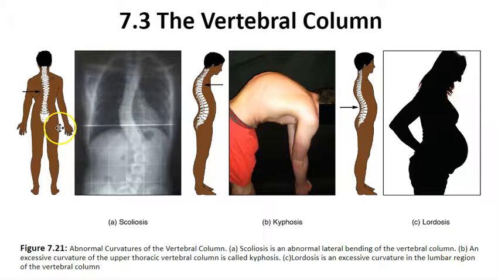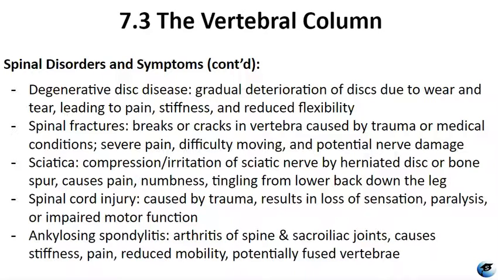Scoliosis, here on the left, is an abnormal lateral bend in the spine. Kyphosis is an excessive curvature of the upper thoracic vertebrae, and lordosis is the excessive curvature in the lumbar vertebrae. Other disorders of the spine include degenerative disc disease, fractures, sciatica, spinal cord injury, and ankylosing spondylitis.